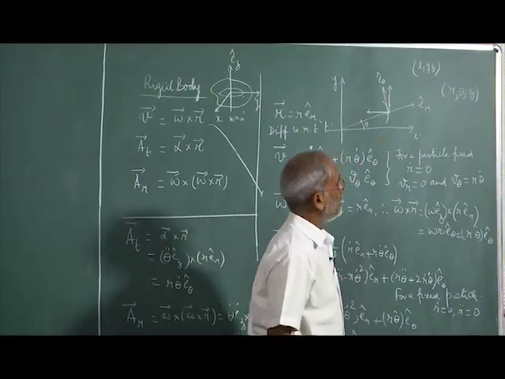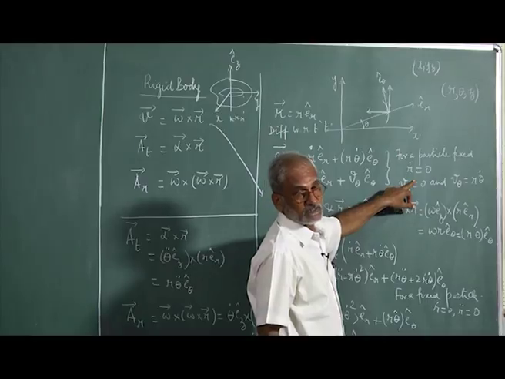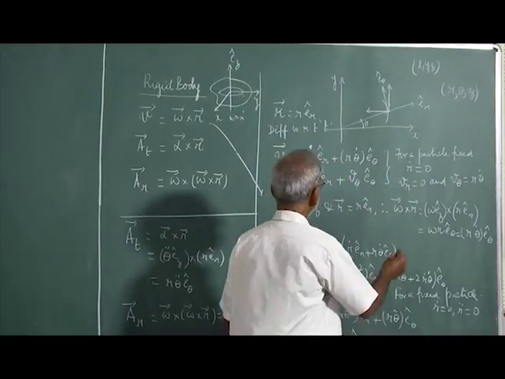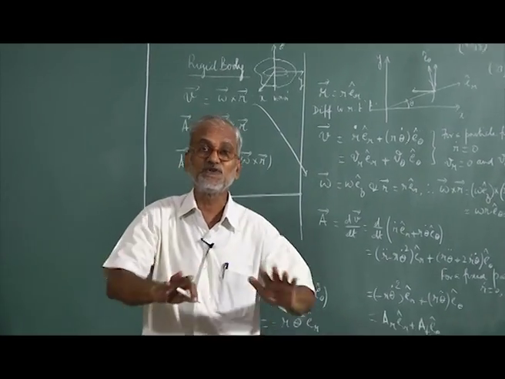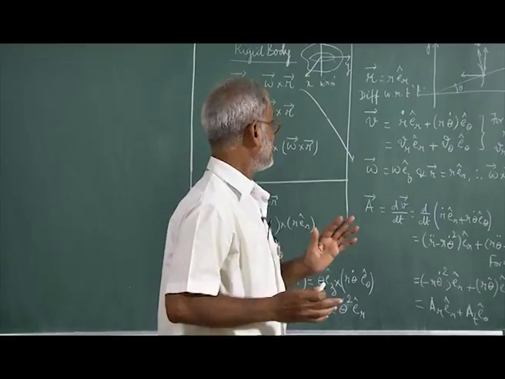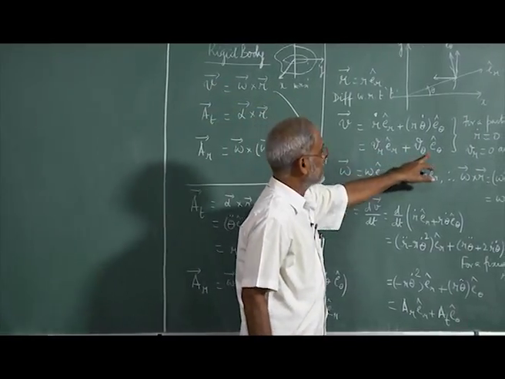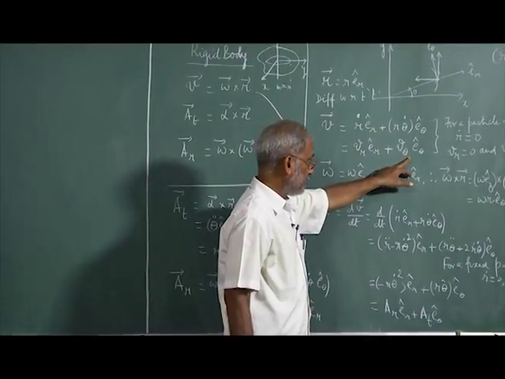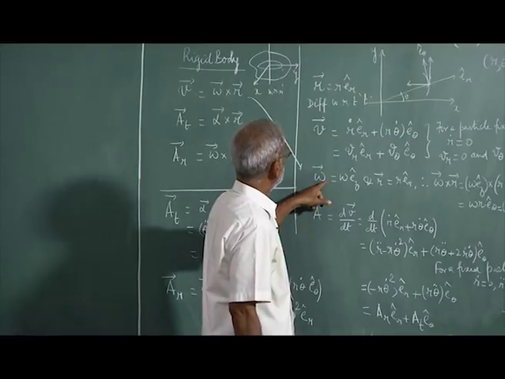Once I fix r, r dot is 0, the derivative of the radial coefficient is 0, then automatically the radial velocity is 0. For a rigid motion, you consider a particle which is fixed, the radial velocity is 0, whereas the angular velocity is not 0, fine.